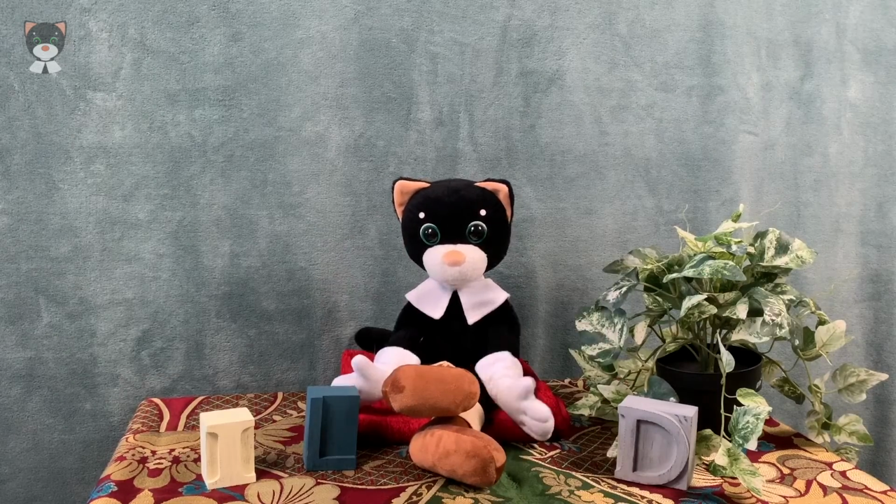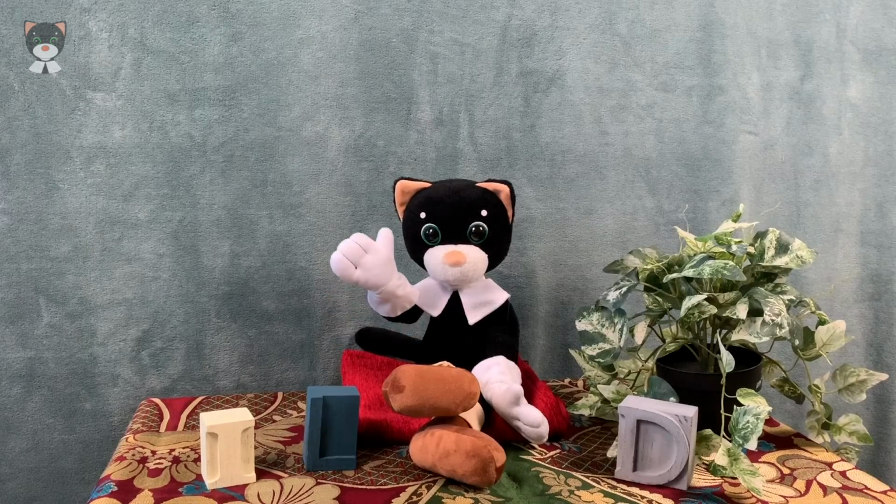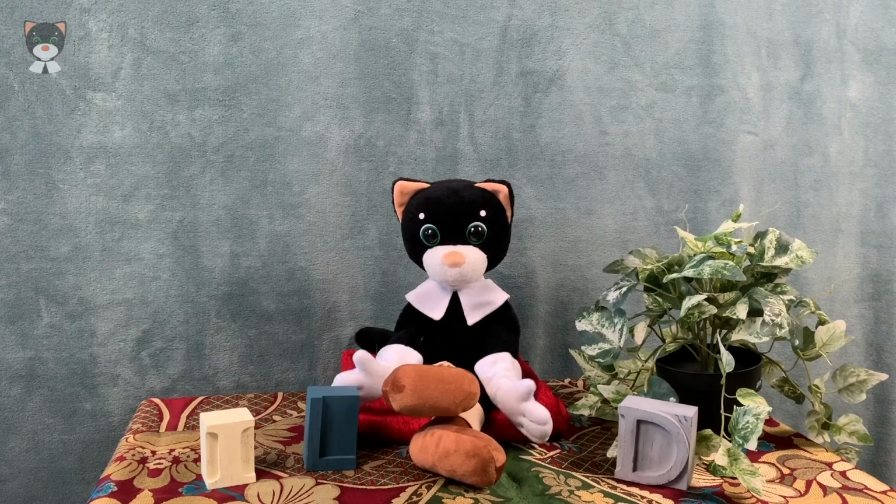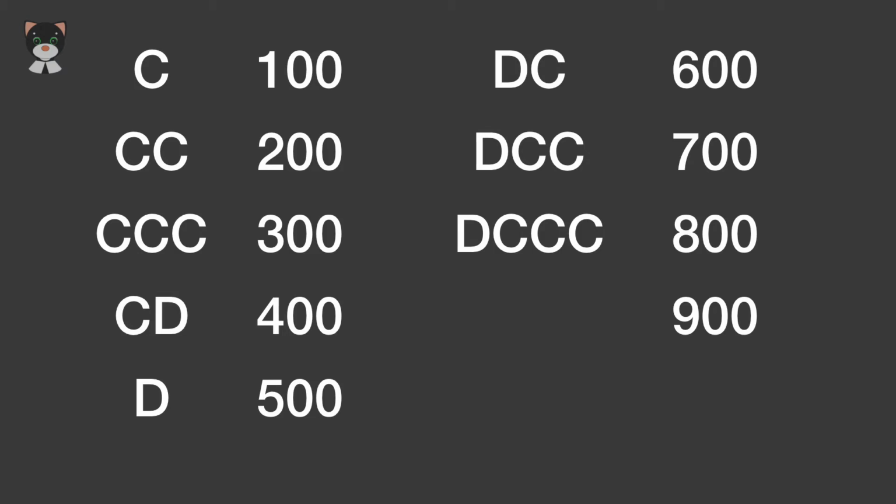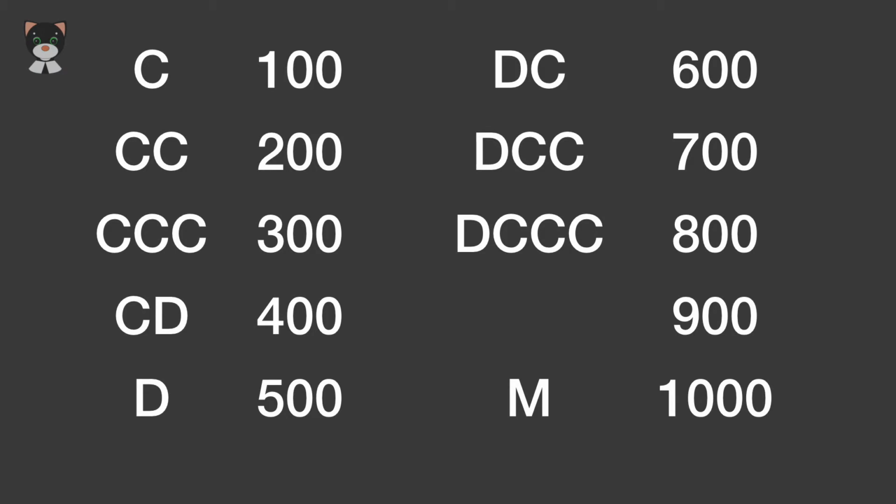Let's move on. 200 is CC, 300 CCC. And again, rule of the 3, 400 is 500 minus 100. D stands for 500. And CD means 500 minus 100, and that is 400. Then we have 600, 700, 800, and rule of the 3 again, M is 1000.